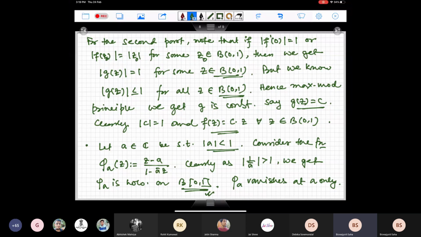So inside, the absolute value has to be less than or equal to 1, and of course it cannot be equal to 1, by the maximum modulus principle, because the function is non-constant. That will be the argument to show that phi a is indeed mapping my open unit disk to the open unit disk.